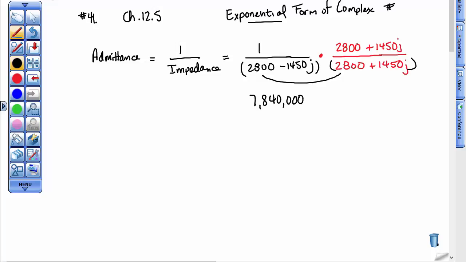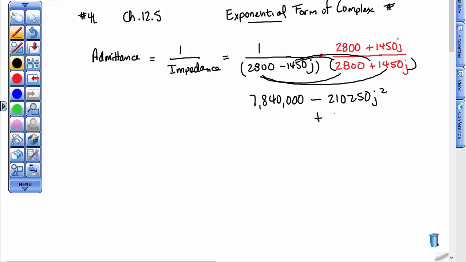I'm going to check my notes. Yep. And I don't need to write down the outside term and the inside term because they cancel to nothing. And this minus times this positive will be a minus. 1450 squared was 210,250. Remember, that's j squared because it's j times j.